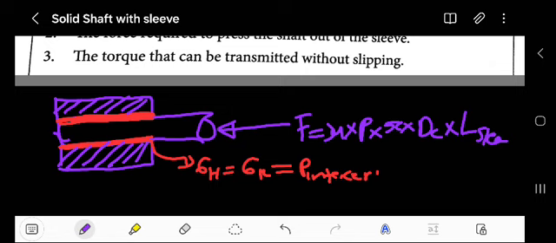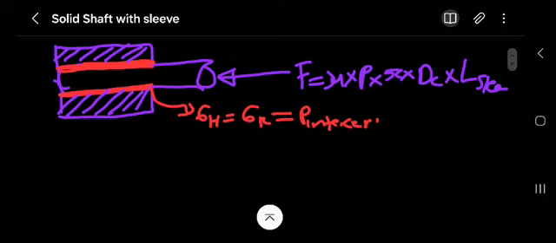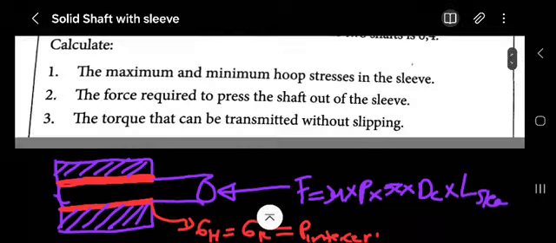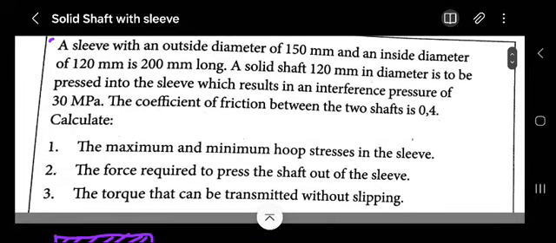The sleeve will be like that. You understand? Here we have a solid shaft, so we're focusing on the sleeve again. So how can we calculate this, guys? The aim is to calculate the maximum. So guys, we come again now.